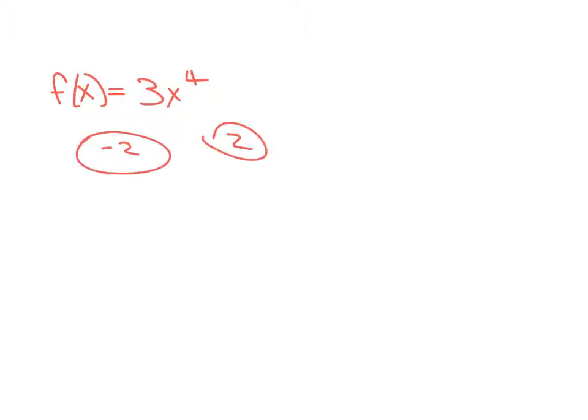So we have f of x equals 3x to the fourth power. Clearly, if we put in a -2 or a 2 in for the x, let's see what we get by putting the -2 in.